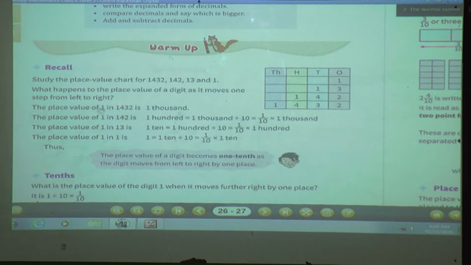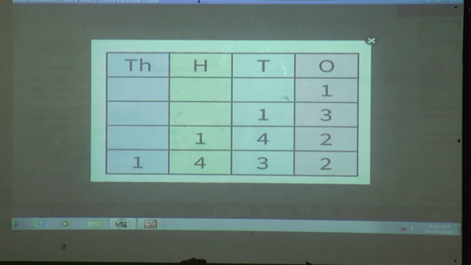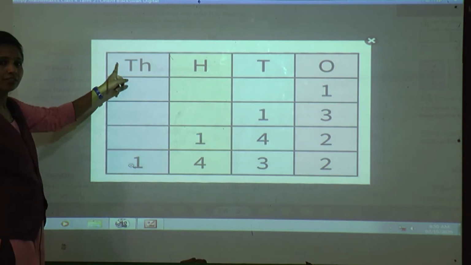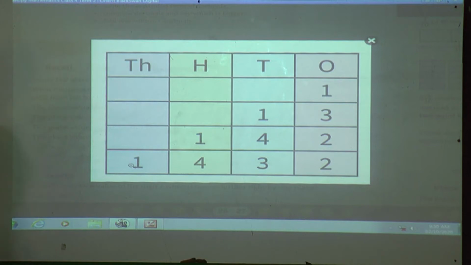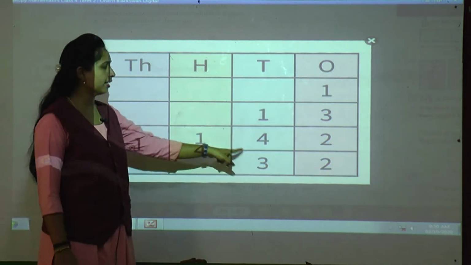The place value of 1 in 1432: you know ones, tens, hundreds, thousands. So what is the place value of 1 in 1432? 1000, isn't it?